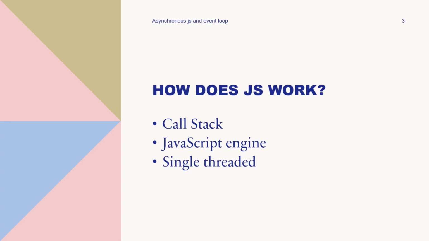JavaScript calls those functions and executes each one, one at a time. Say we have function A, function B, and function C. JavaScript can only execute function A first, then function B, then function C. JavaScript can't execute functions A, B, and C at the same time.